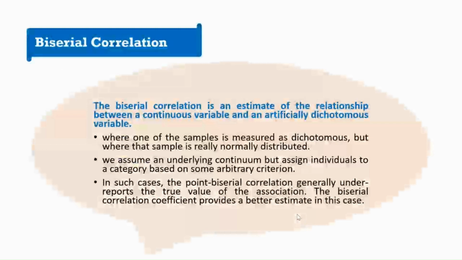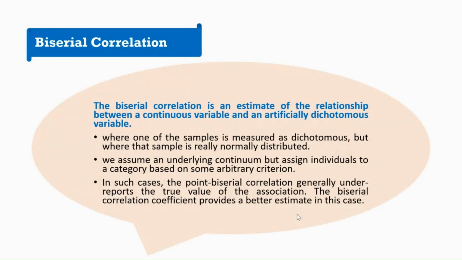Biserial correlation. What is biserial correlation? The biserial correlation is an estimate of the relationship between a continuous variable and an artificially dichotomous variable. The difference between the Pearson correlation method and biserial correlation method is that the second variable is artificially dichotomous. In this variable, one of the samples is measured as dichotomous, but that sample is really normally distributed.